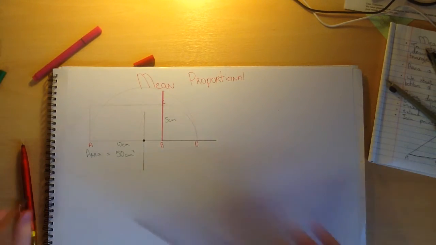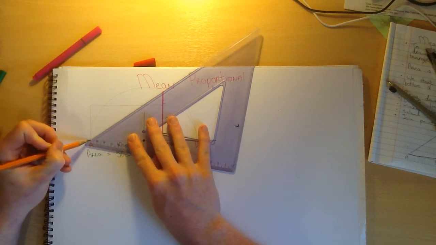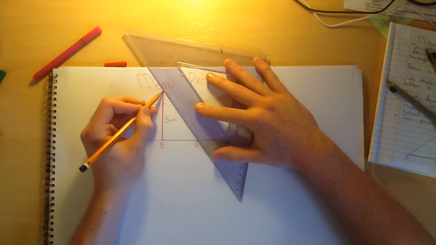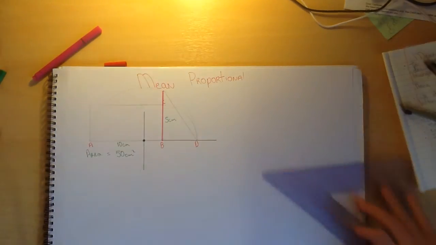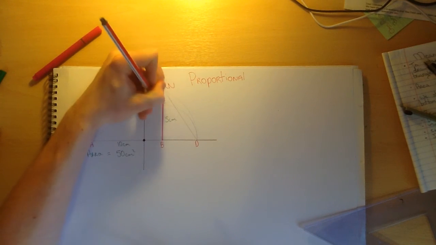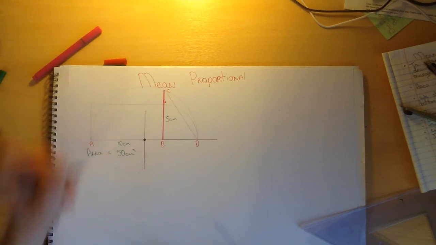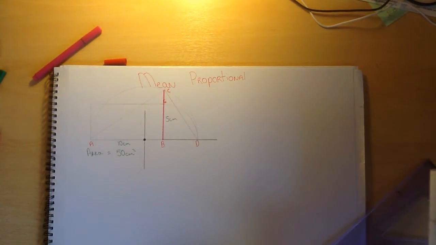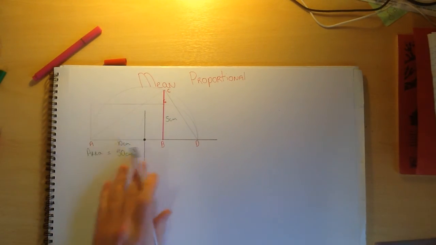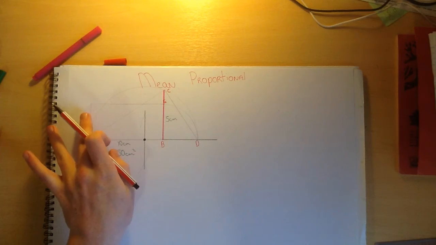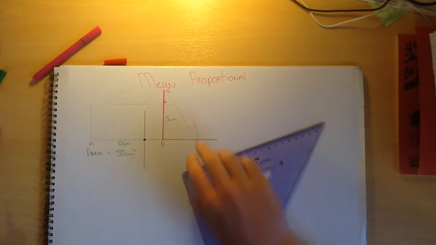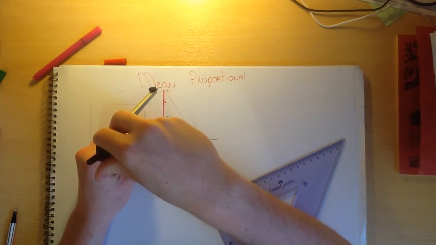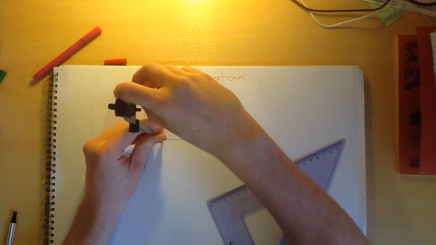Now I'm going to join this point A to the top here, and now point D. I might label this point here instead of here. I'll label this C. Okay. So to construct a square of equal area to that rectangle, next step is to bring down our length of the mean proportional line here.